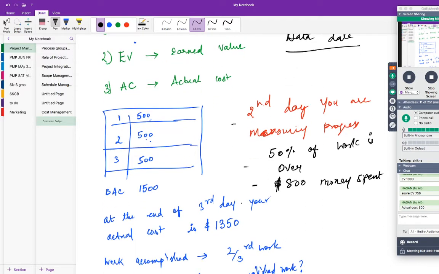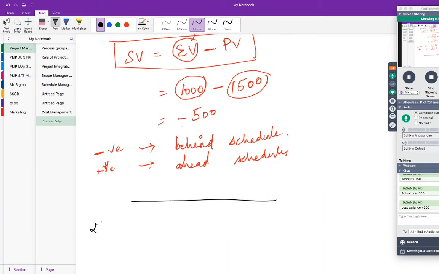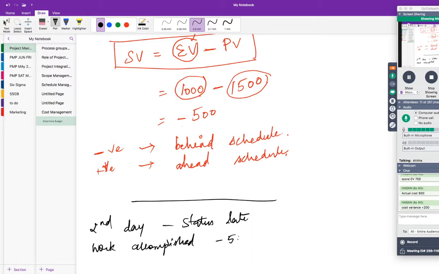First, tell me what is the planned value, earned value, and actual cost. So the second day, you're measuring progress, which is the status date. Work accomplished was 50%, and the money spent was 800.